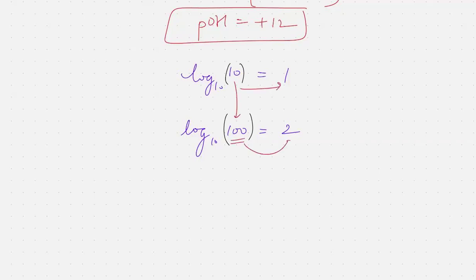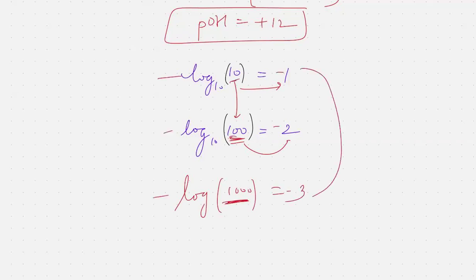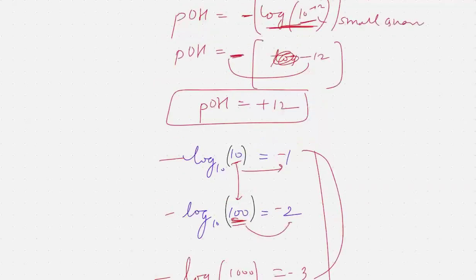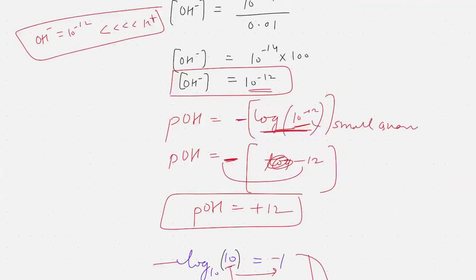Log 10 is 1, log 100 is 2, log 1000 is 3. You increase this number, the value keeps on increasing. But if you put a minus sign, the value keeps on decreasing. That means, what does minus do to this log? If you have a smaller value, its pOH value is going to be bigger.